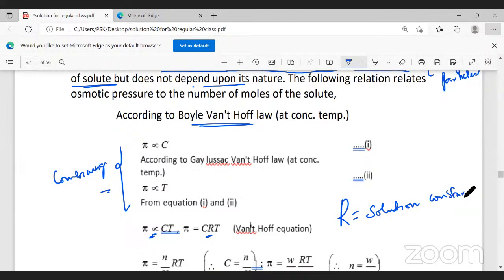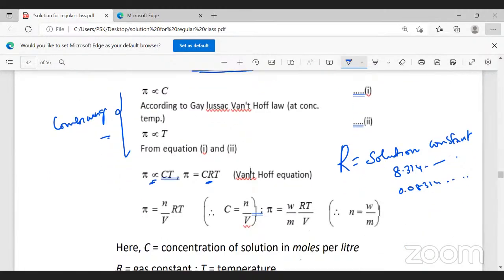It has a value of 8.314 joules per mole per Kelvin, or 0.08314 in the other unit. So R is called a solution constant here. So pi is directly proportional to CT, or pi is equal to C into R into T, or you can write pi is equal to RCT.